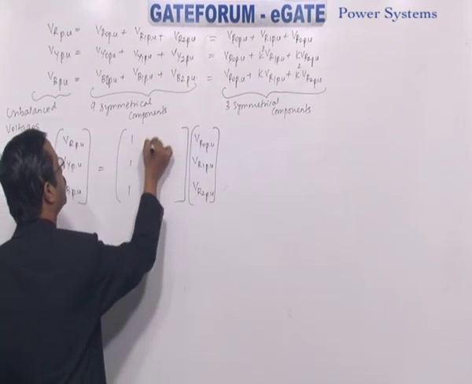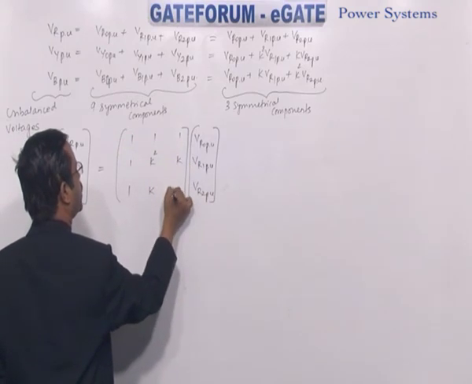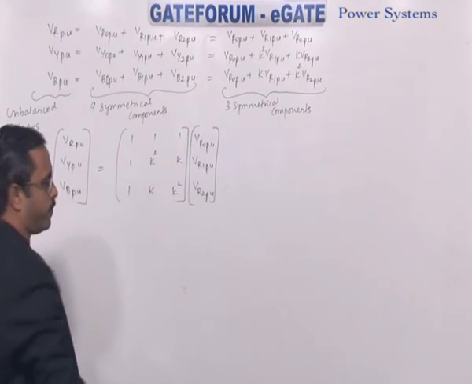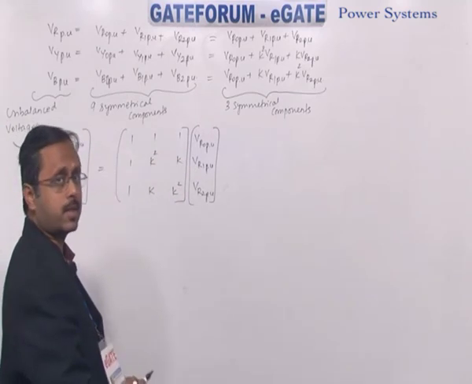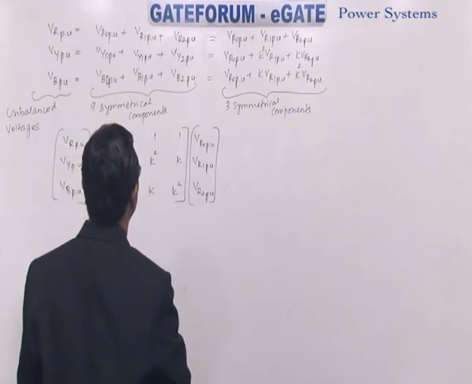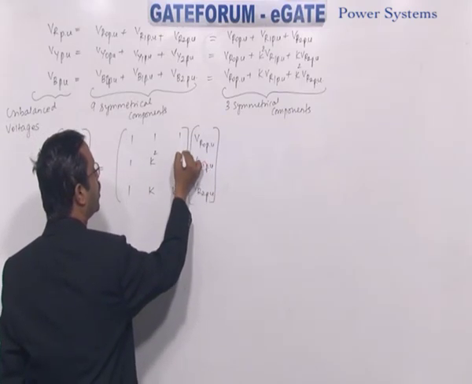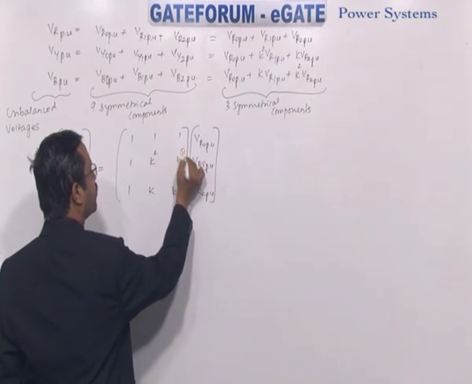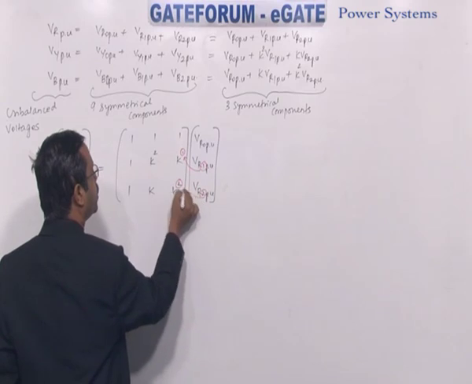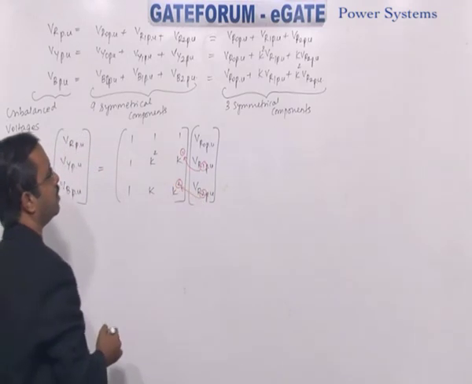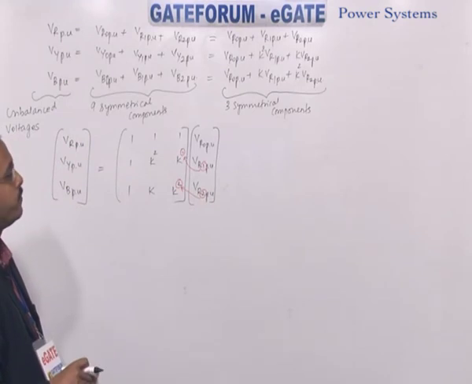First column is 1, first row also 1. Here K square, K, here it is K square. Now the easiest way to remember this formula is, we have 1, so the power of K nearer to that is also 1. Here we have 2, power of K nearer to that is also 2. That is the easiest way of remembering this formula.